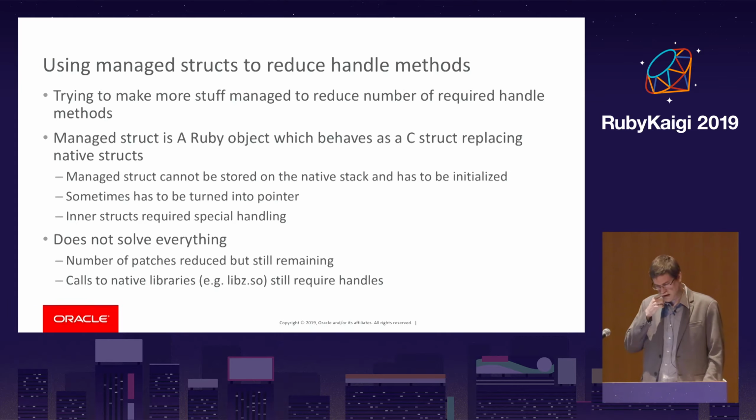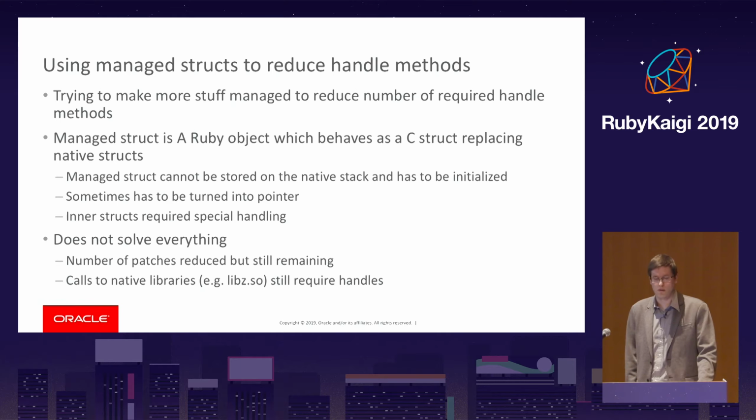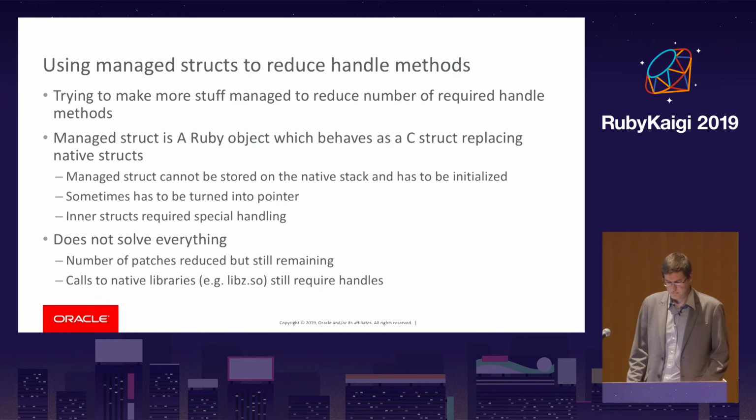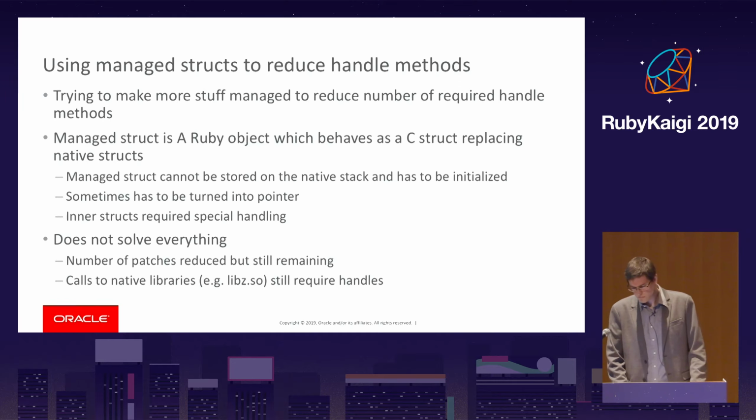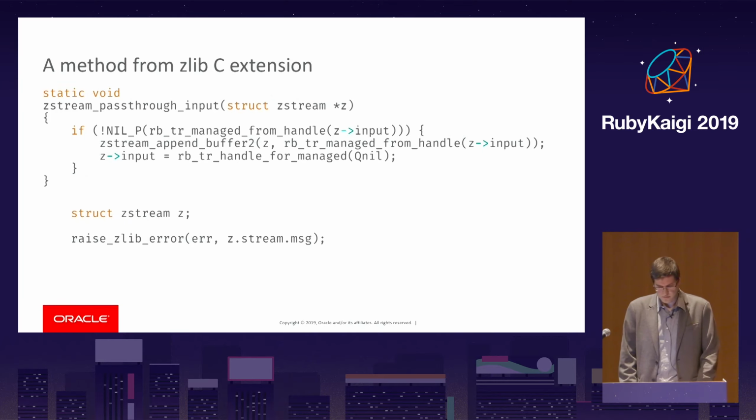Unfortunately, although that was useful as it reduced the number of patches, it still needed some changes: if it's a managed object, you need to call the initializer. Sometimes you had to change stuff into pointers where you would otherwise have it stored on the native stack. And if you had inner structs, you would also need to do some special handling for that. But it was a step in a good direction.